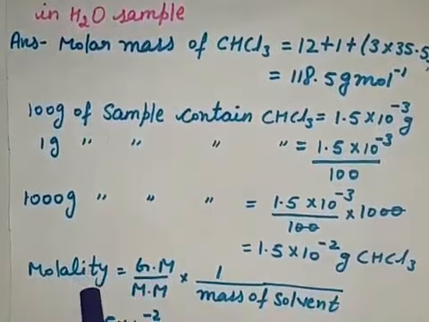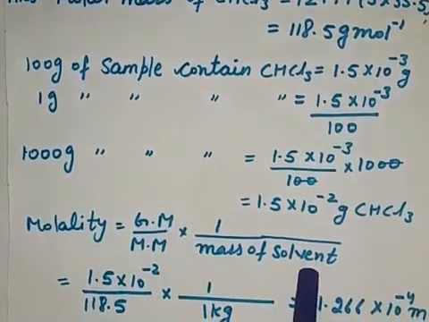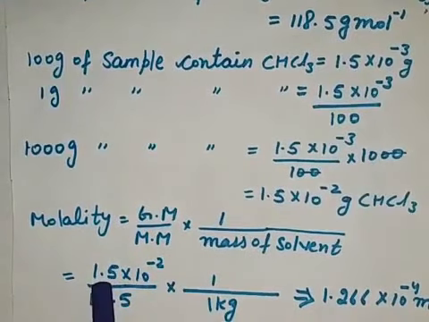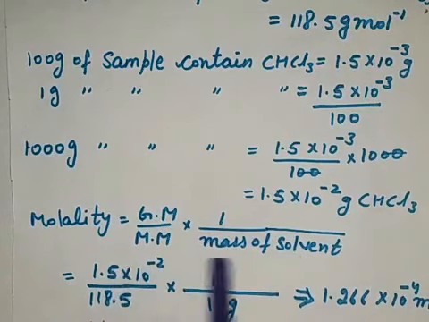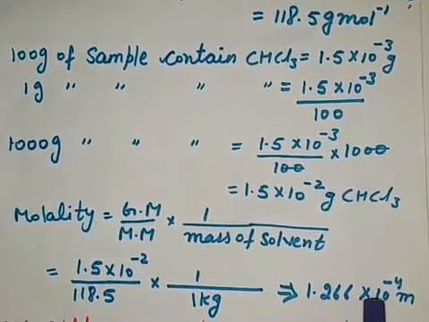Now the formula of molality is given mass divided by molar mass into 1 by mass of solvent. Here the mass of solvent should be in kg. So we put values: given mass is 1.5 into 10 to the power minus 2 and molar mass is 118.5. The mass of solvent is 1 kg because this is molality. So when you solve it, it comes to 1.266 into 10 to the power minus 4 molar.